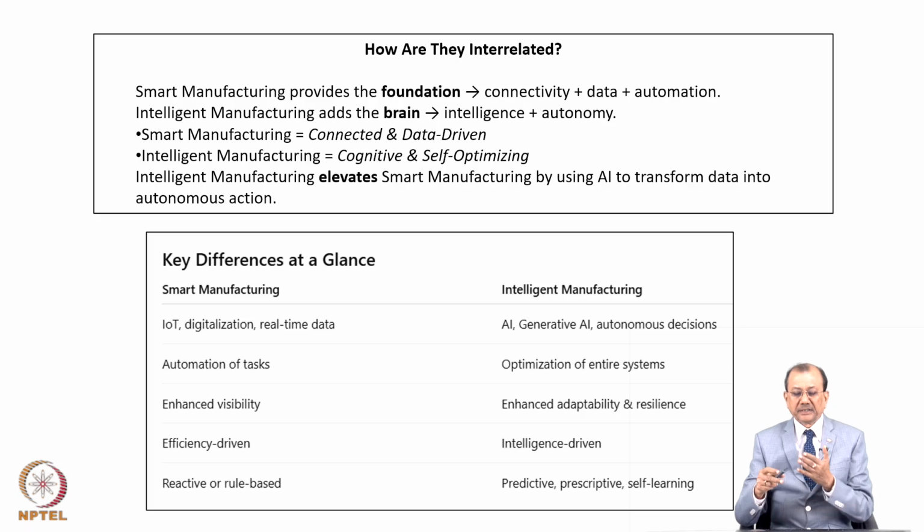One of the finest examples is the many companies listed by the World Economic Forum as global lighthouses, which are now in the bank of intelligent manufacturing. I will try to bring some of those examples in this session as well as in the next session.